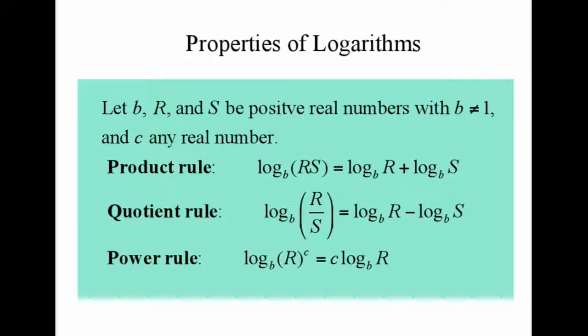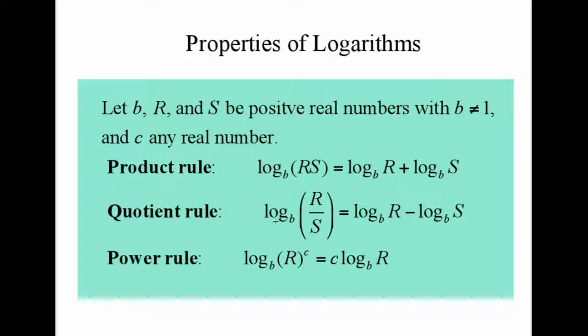So here are some properties of logarithms that are very useful. Let b, r, and s be positive real numbers with b not equal to 1 and c be any real number. We have a product rule that says log base b of the product rs is equal to log base b of r plus log base b of s.